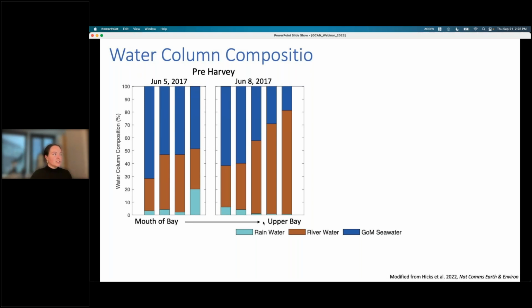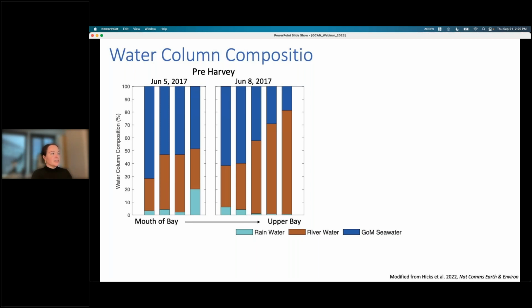The first is under pre-Harvey conditions, where we have water column percent composition along the y-axis, and the amount of rainwater indicated by the teal bars, the amount of river water indicated by the brown bars, and the amount of Gulf of Mexico seawater indicated by the dark blue bars. The plots are oriented so that stations closest to the mouth of the bay are shown on the left-hand side, and stations closest to the upper bay or near those freshwater sources are on the right-hand side.